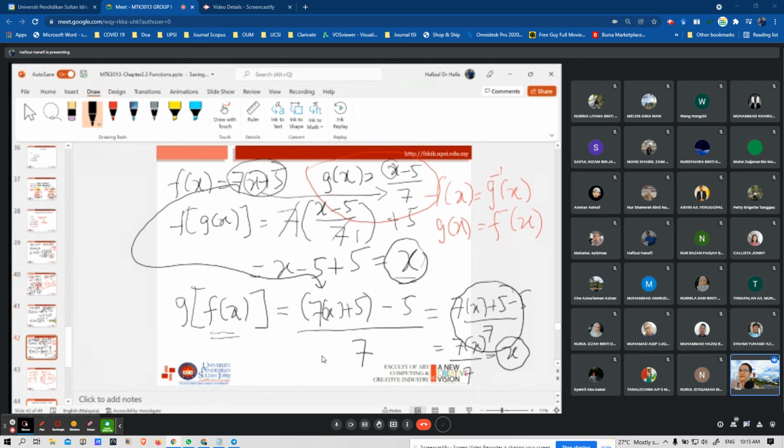So in this case, we can say that g(x) is invertible with the function f(x). f(x) is equal to g inverse of x, and g(x) is equal to f inverse of x. You need to prove this one must be the same.